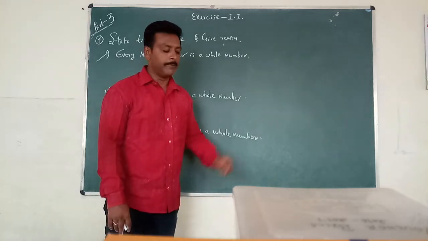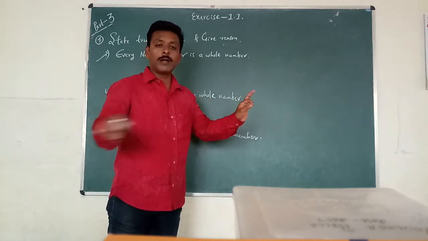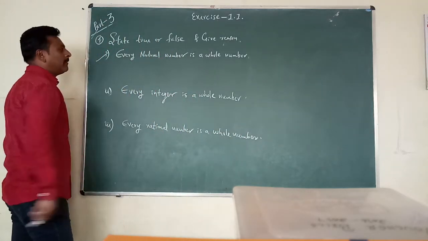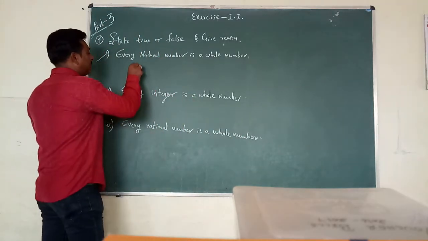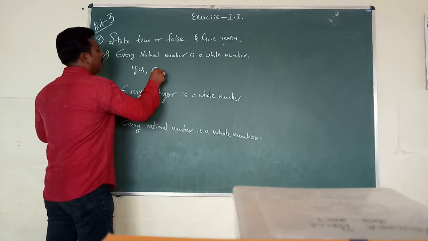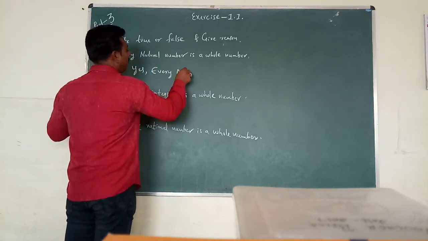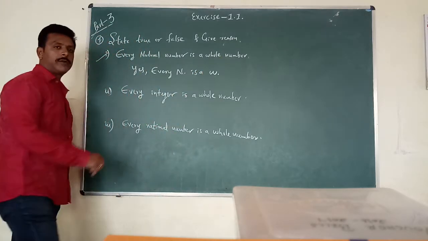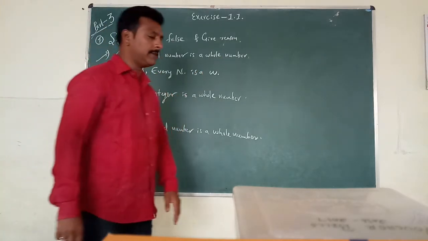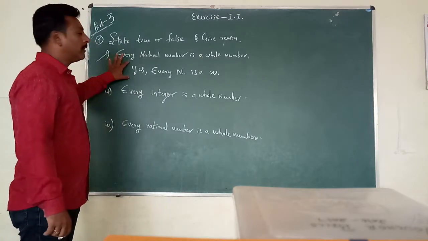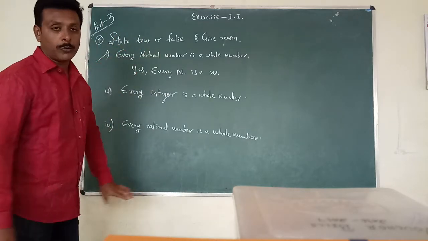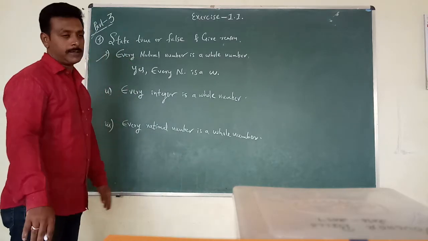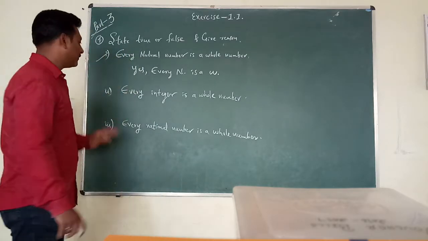Whole number में क्या है, zero, और remaining all are natural numbers only. Yes, every natural number is a whole number. This itself is a reason, because natural numbers are present in a whole number, but all whole numbers are not present in a natural number. So this itself is first answer.